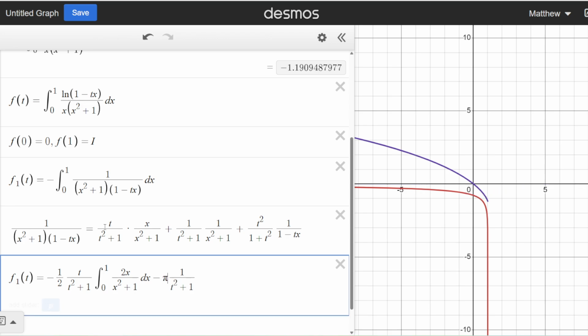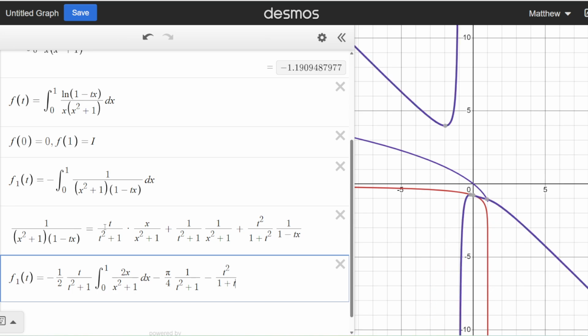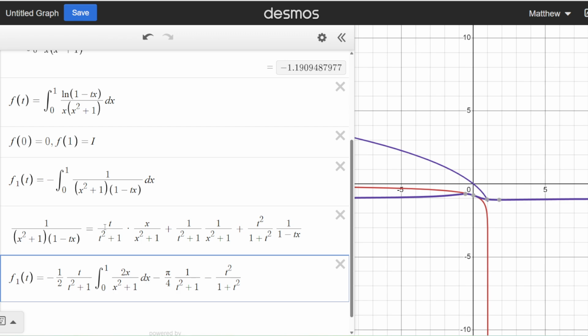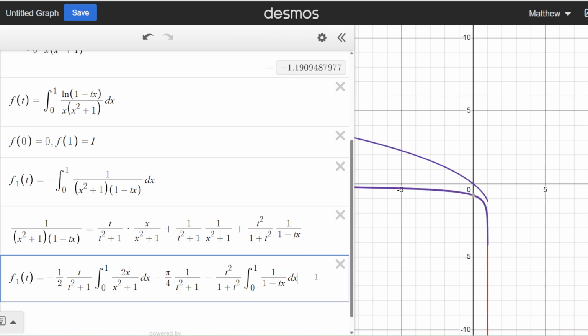And then minus t squared over 1 plus t squared times the integral from 0 to 1 of 1 over 1 minus tx dx. All right. And let's make sure these match up. They do. Okay, so now we can start working on this.